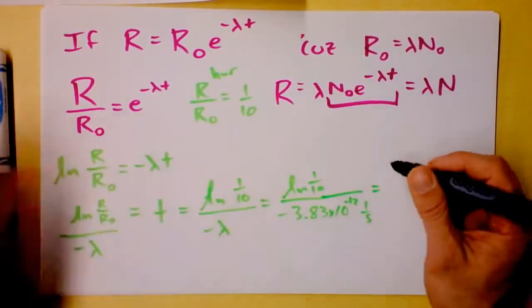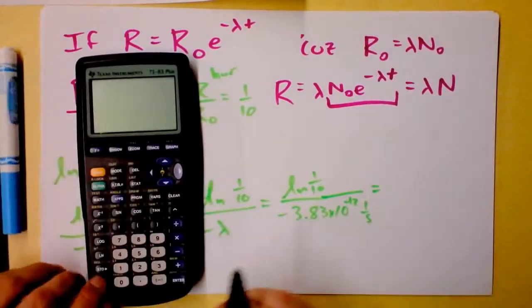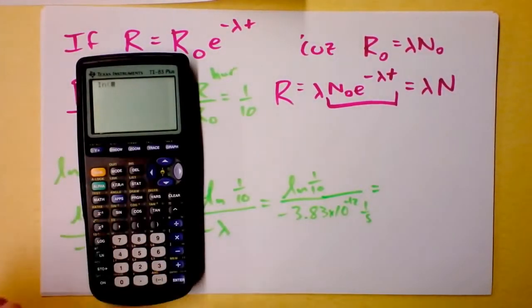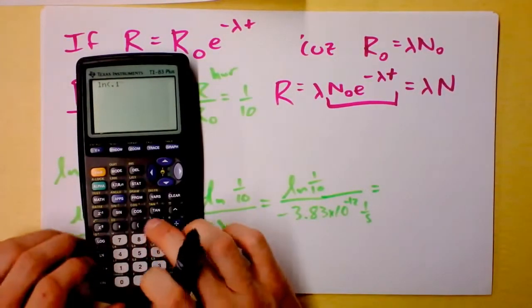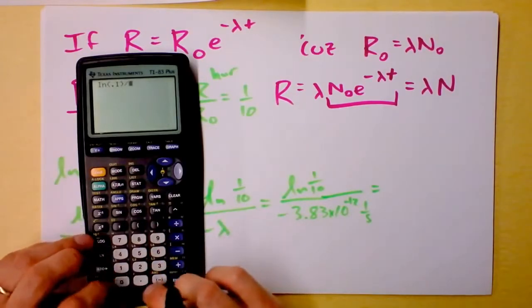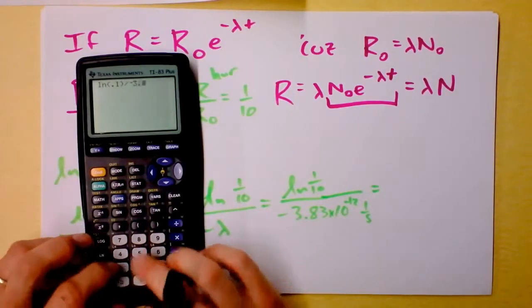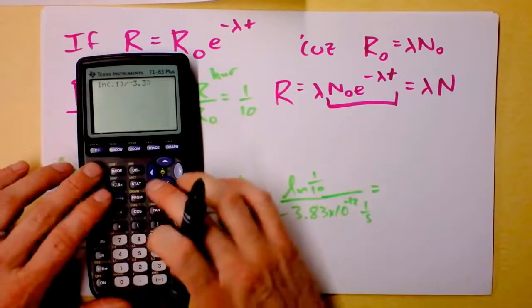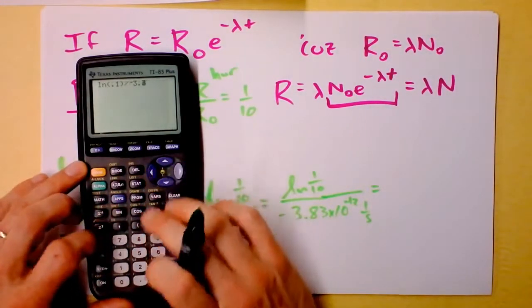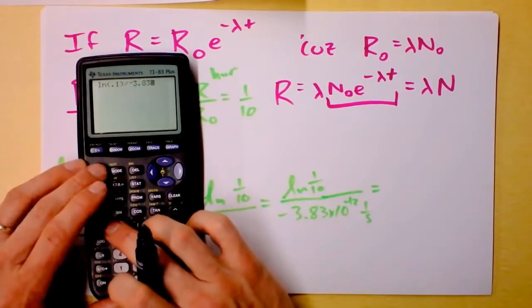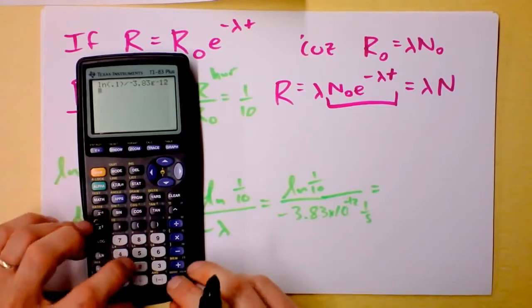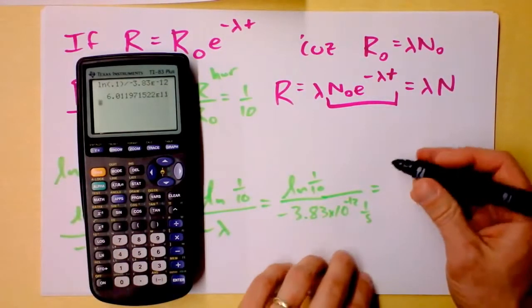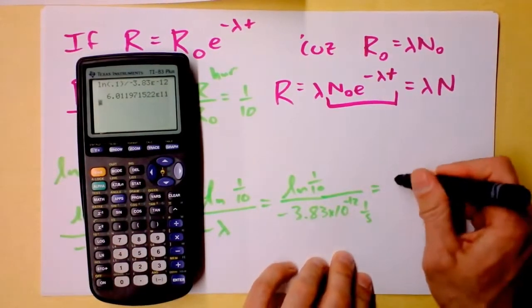So this is not going to be a happy time. Let's do this. Natural log of 1/10, and then I divide it by negative 3.83 times 10 to the negative 12th. I hit enter right there, and I get, oh my goodness, that's a very long time.